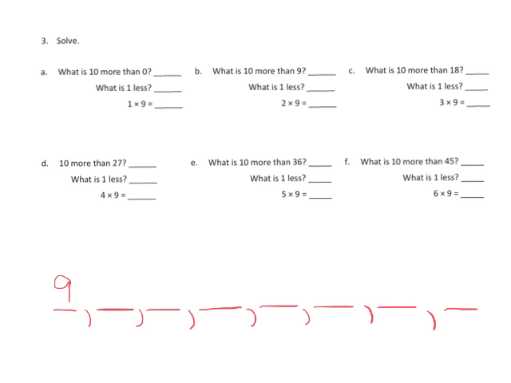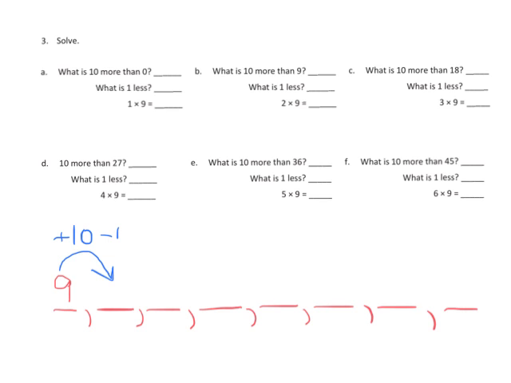But a trick is instead of adding 9, let's add 10, and then subtract 1. So 9 plus 10 would be 19, but we want to subtract 1 because we're really supposed to skip count by 9s, not skip count by 10s.